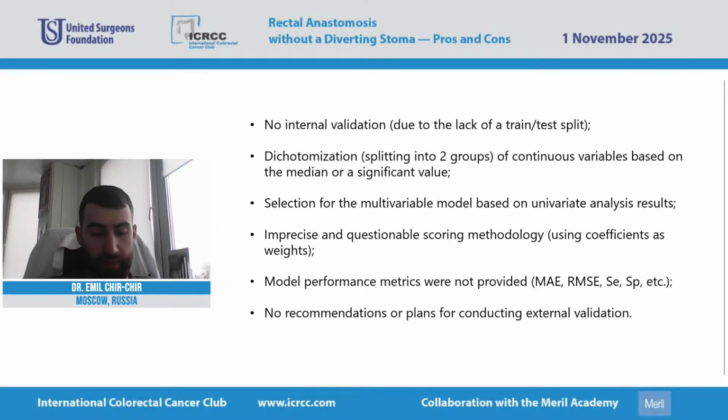In fact, the main criticism is the lack of validation of their scale. Everyone constantly tries to create various prognostic scores, scales, calculators, but without validation.